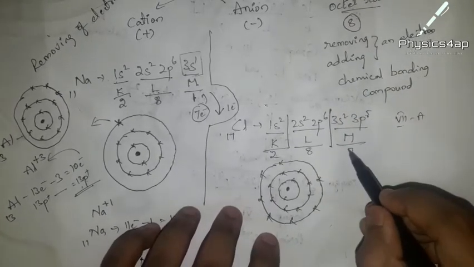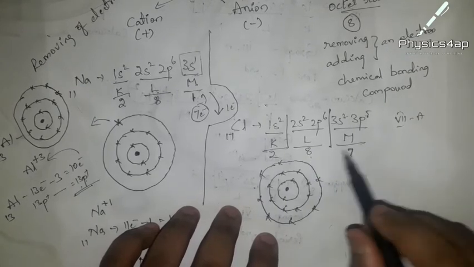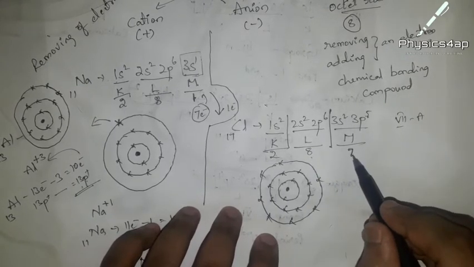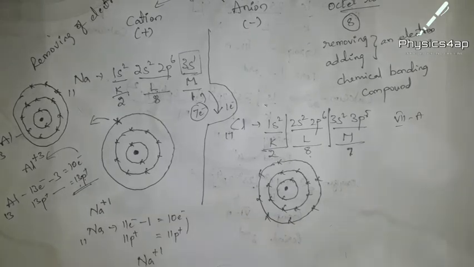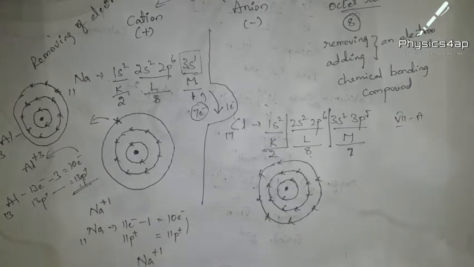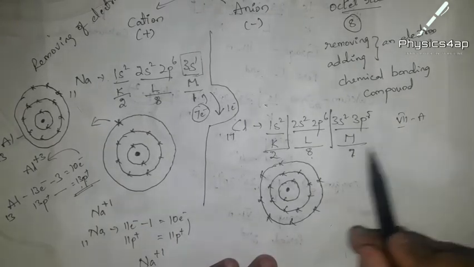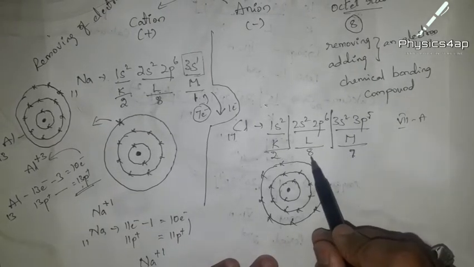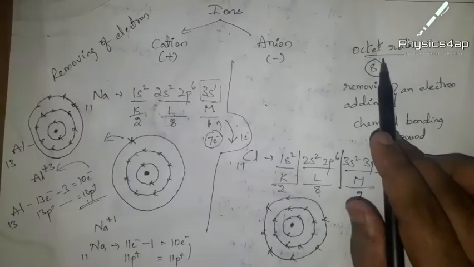Here we have 7 and here we have 8. Removing 7 electrons or adding 1 electron, which is easier for us? We cannot remove 7 electrons. Just adding 1 electron is easier. So when we add 1 electron, it becomes 8.